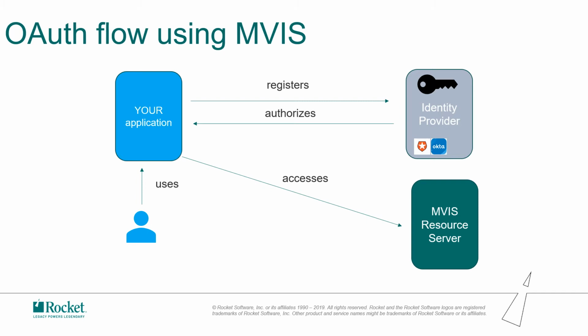MVIS in this context of the OAuth flow is acting as a resource server. So your application registers with an identity provider, and it provides you a confirmation in the form of a client ID. Okay, so that is typically a correlation between the OAuth players and how this will look if you have MVIS and your application in play.